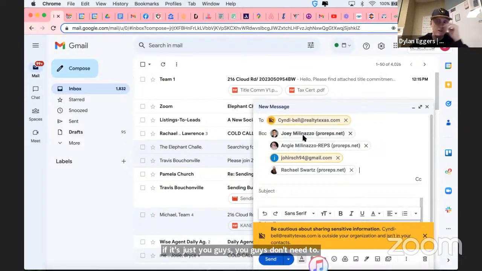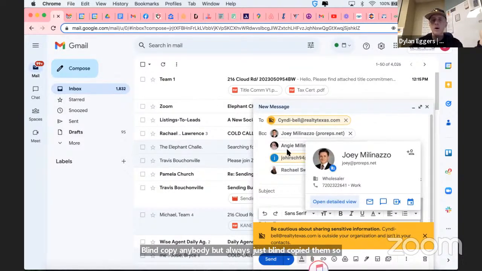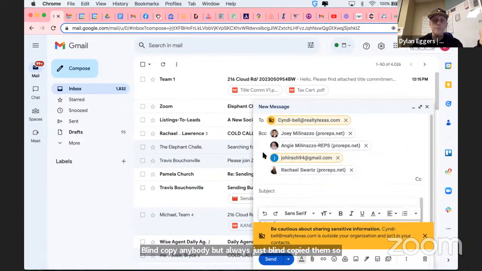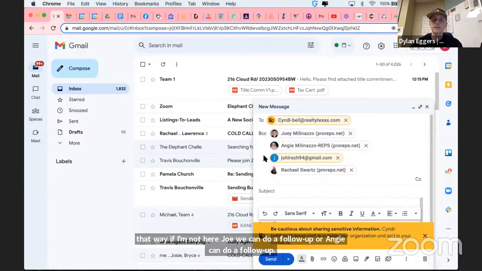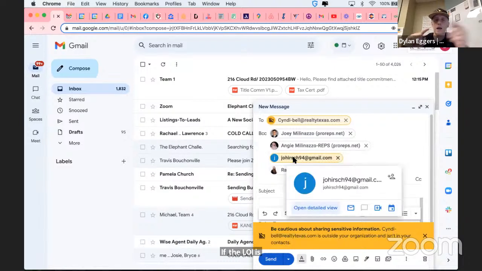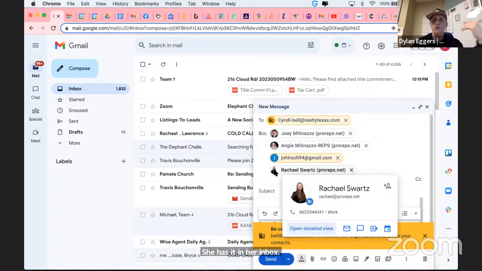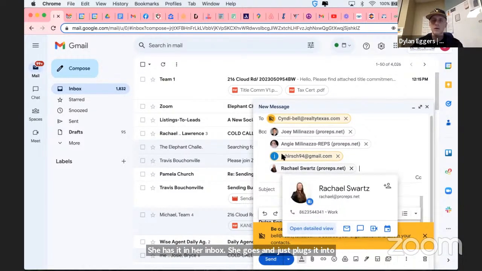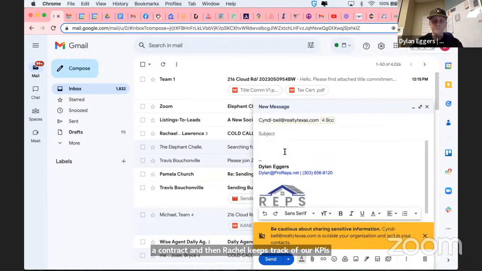That way, if I'm not here, Joey can do a follow-up or Angie can do a follow-up. If the LOI is accepted, I send a text to my TC Jordan, hey, the LOI for this address was accepted. She has it in her inbox and just plugs it into a contract. And then Rachel keeps track of our KPIs, so she sees how many offers we send out.